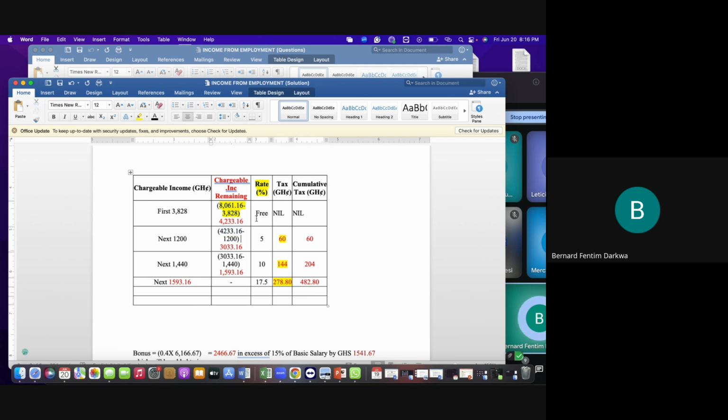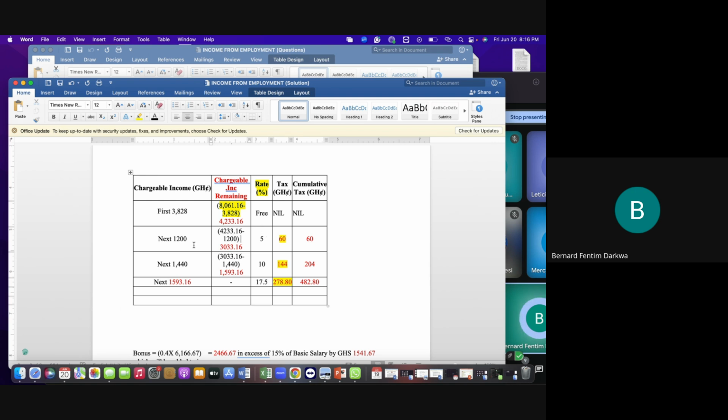But if you think you can do it on your calculator, always know that after taking the first 3,800, the balance left is 4,000. So if I'm taking the 1,002, I'm not taking from the 8,000 again. No, you are taking from the balance left, because now the taxable income is 4,200 something.